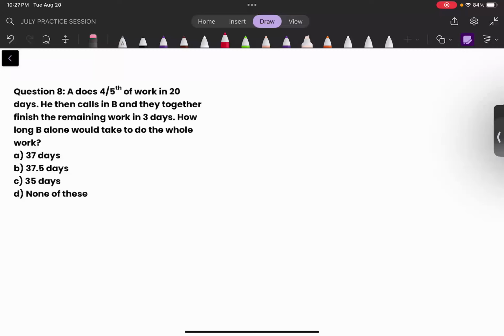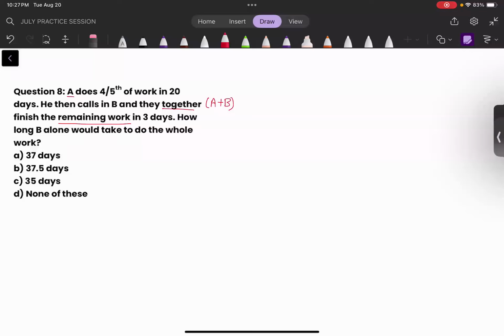Okay. So before I start with the diagram, I want to ask certain questions. A does 4/5 of the work in 20 days. Is it complete work? No. He then calls B, and they together, A plus B, finish the remaining work.